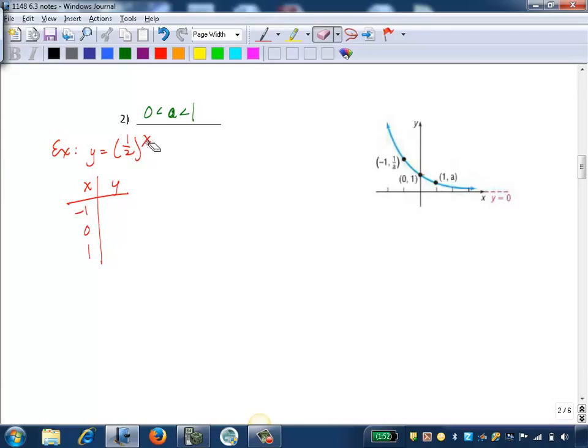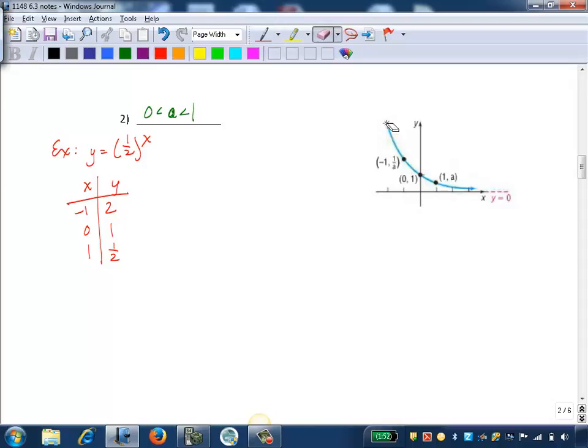If I put in a negative 1 for x, 1/2 to the negative 1 power is the reciprocal of 1/2, which gives us 2. If I put a 0 in for x, anything to the 0 power gives us 1. And if I put a 1 in for x, we'll get 1/2.